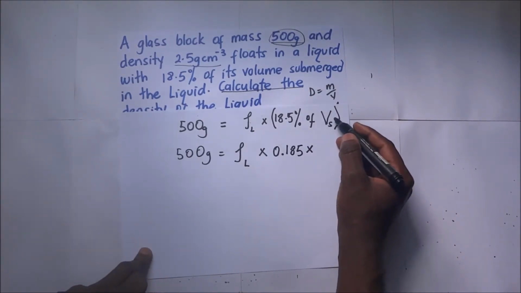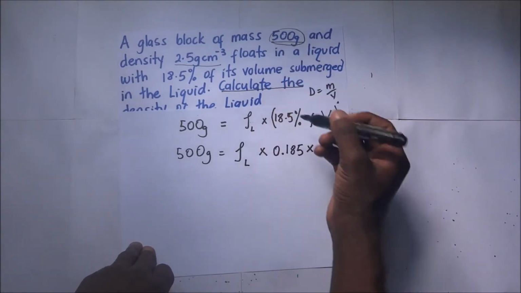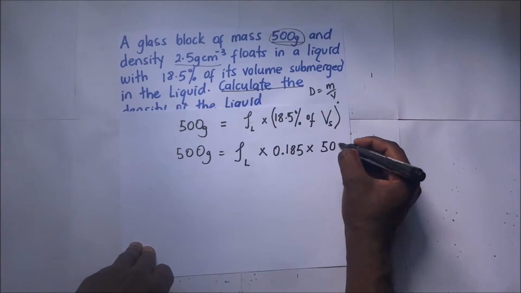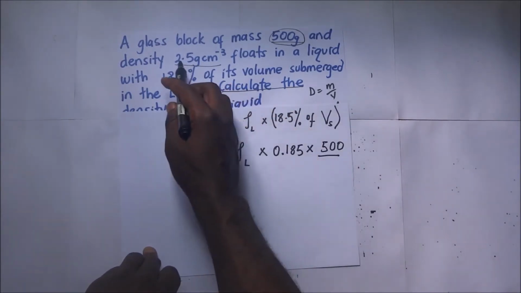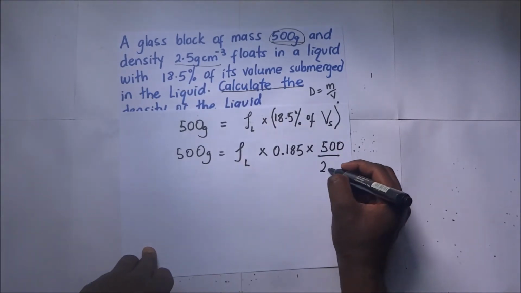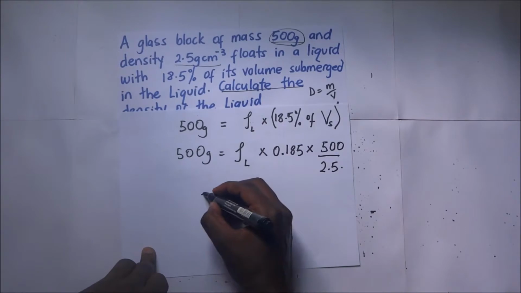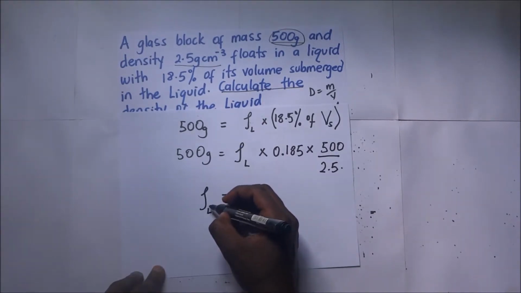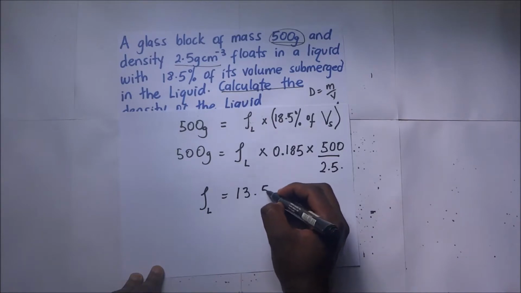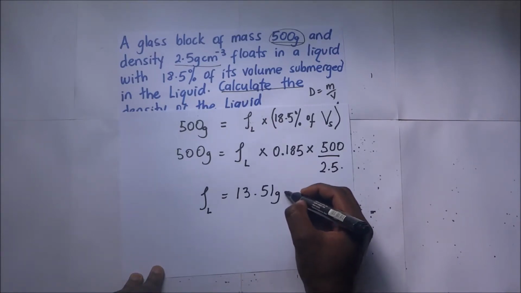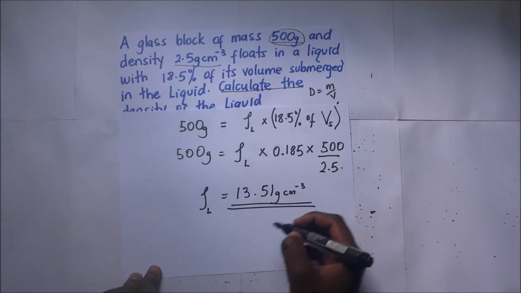The volume of the solid is given by the mass of the solid, which is 500 grams, divided by the density of the solid, which is 2.5 grams per cc. When we make the density of the liquid the subject of the formula, we end up with our answer being 13.51 grams per centimeter cubed, and this is the density of the liquid.